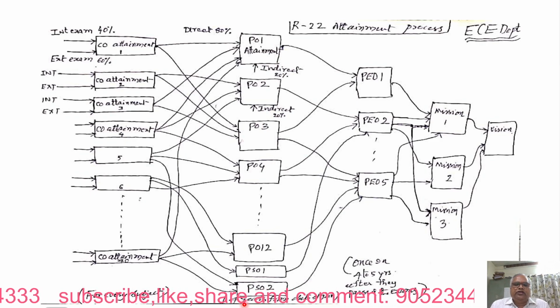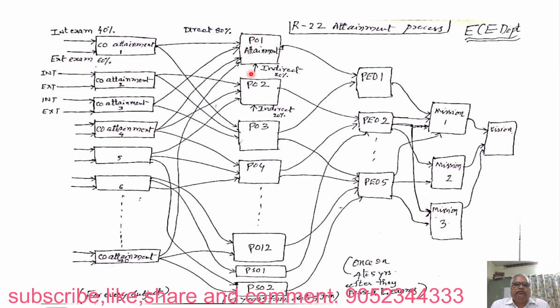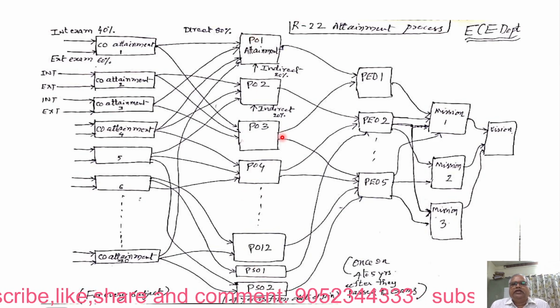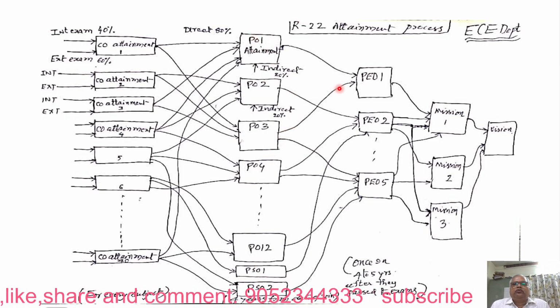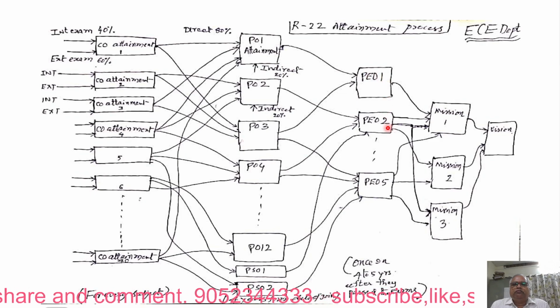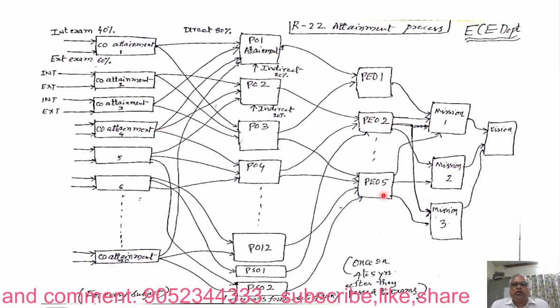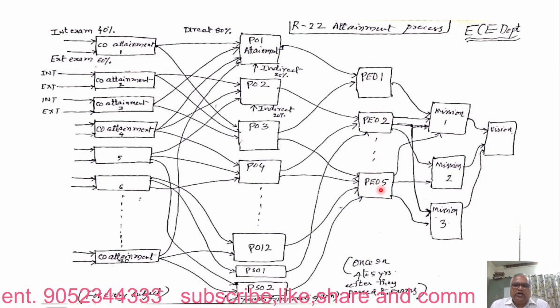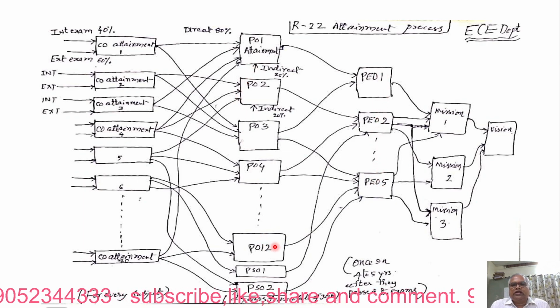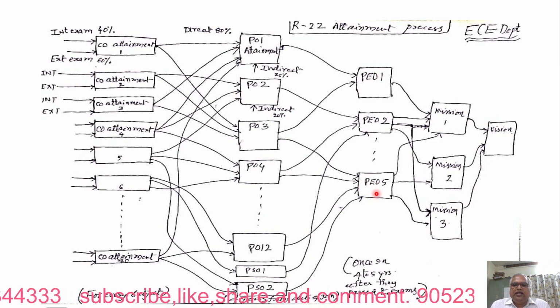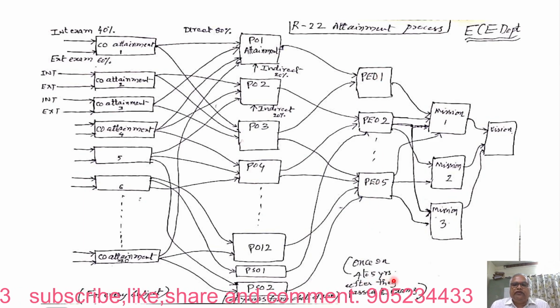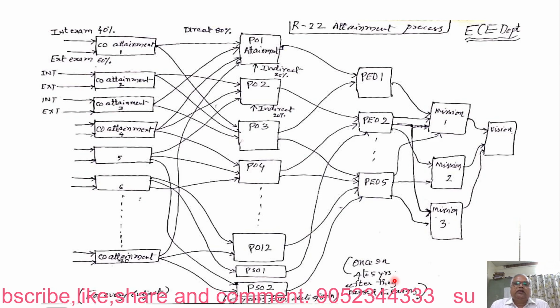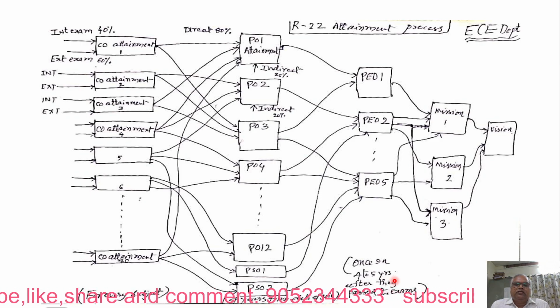This PO attainment is for the batch. Whatever batch is studying for 4 years, for that only we calculate PO attainment. Then these POs are correlated to PEOs, PEO1, PEO2 and so on up to PEO5, total 5. Then PEO attainment is from PO attainment, but this is calculated 4 to 5 years after graduation.